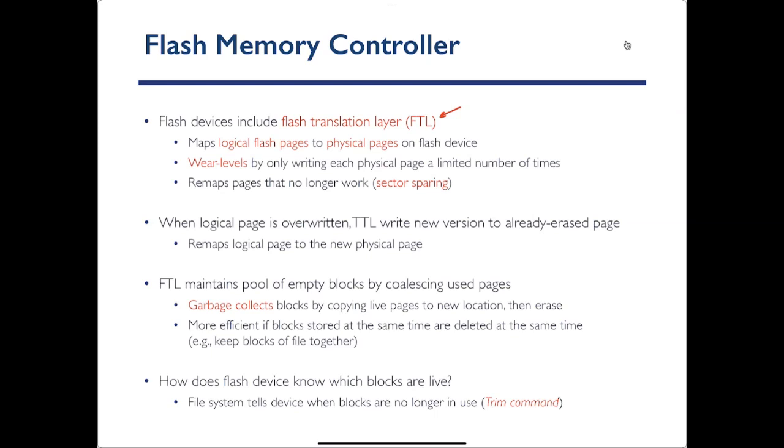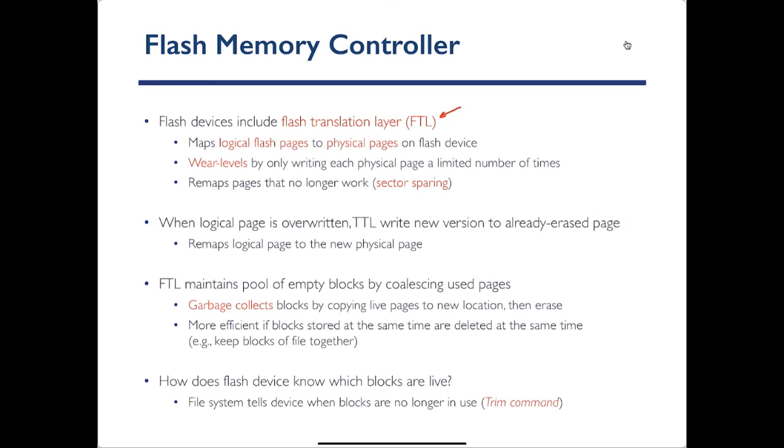So this requires the flash controller to create a mapping from what the operating system knows. When the operating system wants a file, it knows which virtual flash pages correspond to it, and the controller gets that. So the operating system says, give me flash page number 1. Now the flash controller knows where this actual page resides inside the flash.